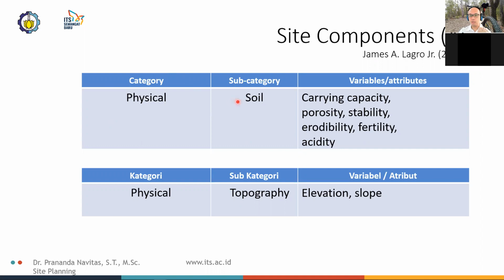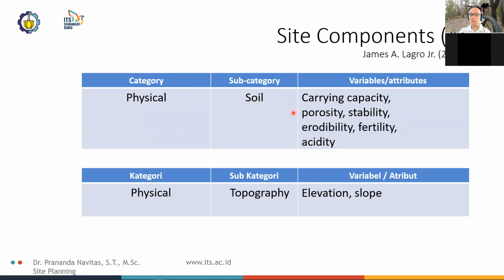Then that might fall into the soil subcategory, and then here are other attributes or variables that you need to consider when you talk about soil: its carrying capacity, its ability to bear load. Can you build a high-rise there when it's a certain type of soil?